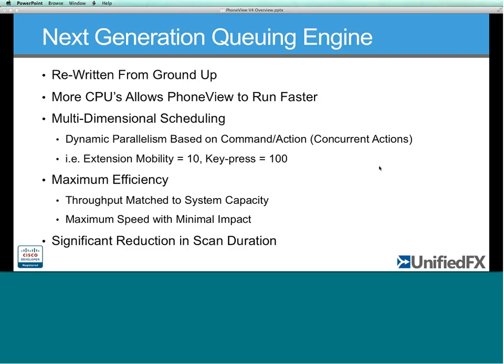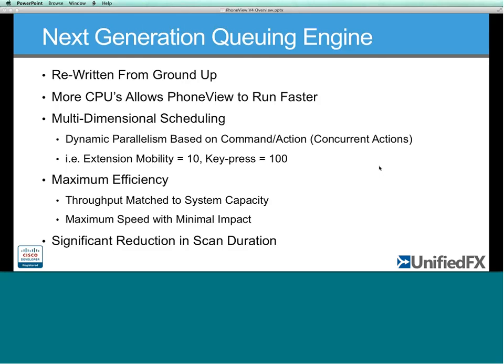So if you've got 10,000 or 20,000 phones in a cluster and you need to do lots of actions really quickly, it's recommended that you put that on a server with an 8-core CPU or thereabouts. But as I say, it doesn't mean you need that. It's just if you want that extra performance boost, and PhoneView allows that to happen.